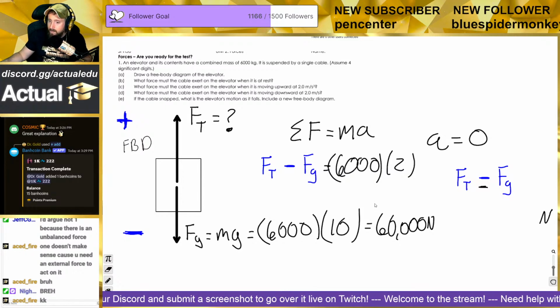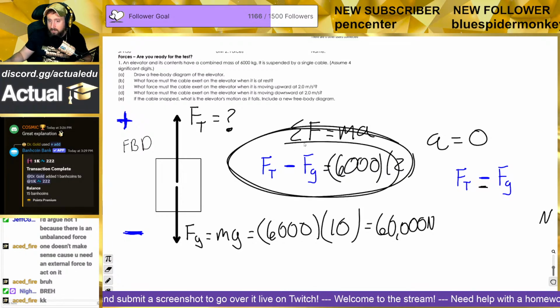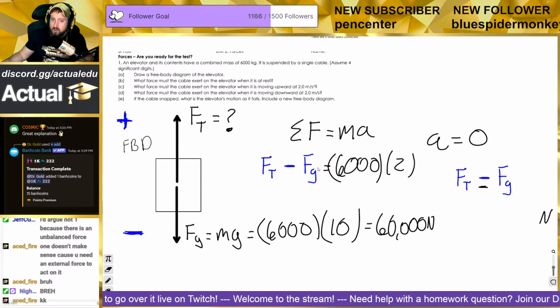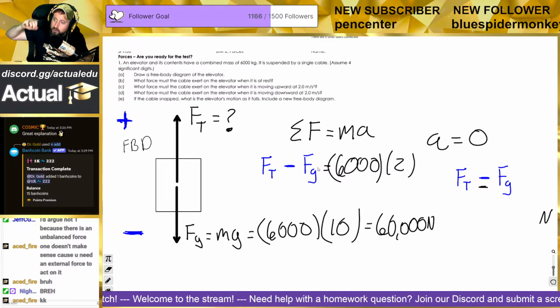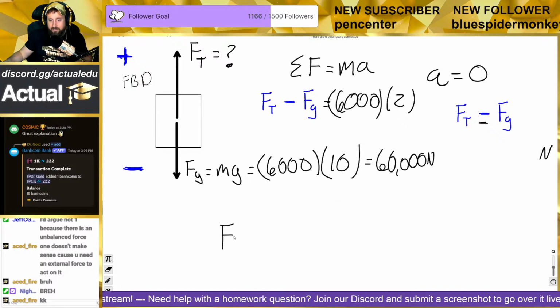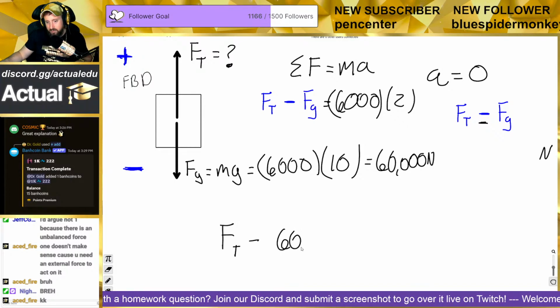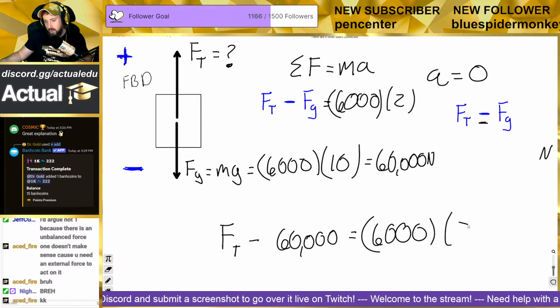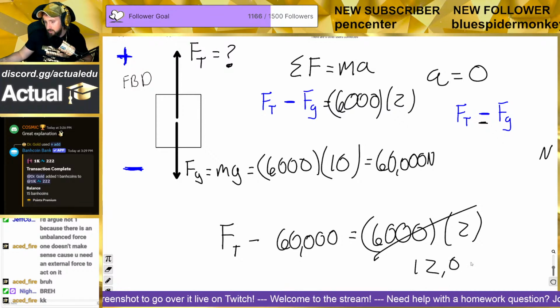Okay, so here's the cool thing. Force of gravity always stays the same, no matter how this thing is accelerating, whether it's accelerating up or accelerating down. The force of gravity is always the same. So what you end up getting here is that Ft minus 60,000 is equal to 6,000 times 2, which is going to end up being 12,000.